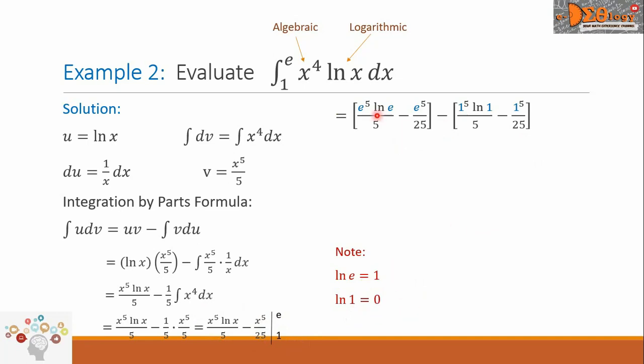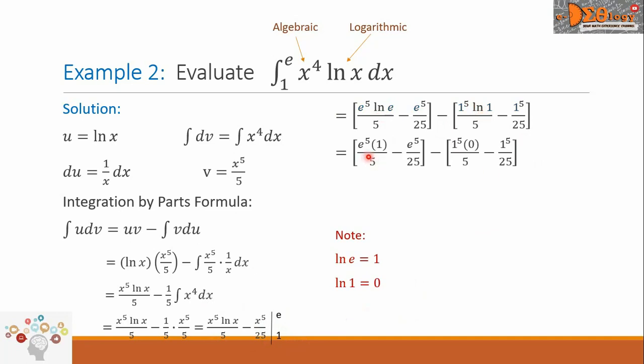Substituting these values in here respectively, we have now e raised to 5 times 1 over 5, then minus e raised to 5 over 25 minus 1 raised to 5 times 0, that is the ln 1, all over 5, minus 1 raised to 5 over 25.